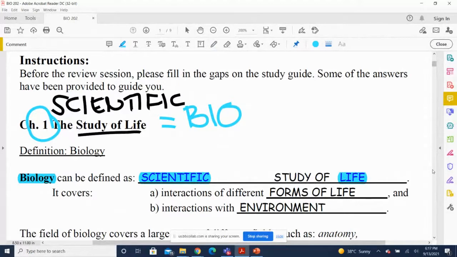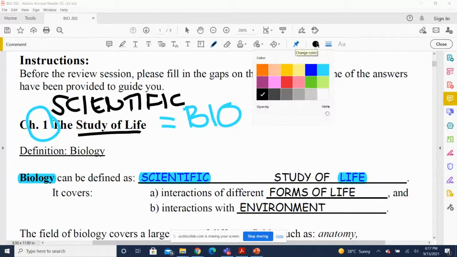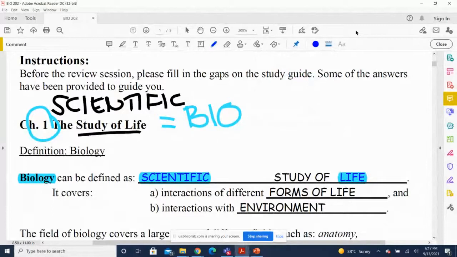So we're looking at different forms of life, but also interactions of those life forms with other forms of life and with their environment. So the term environment that I have there really covers both the actual physical environment, but also all other living things in there.